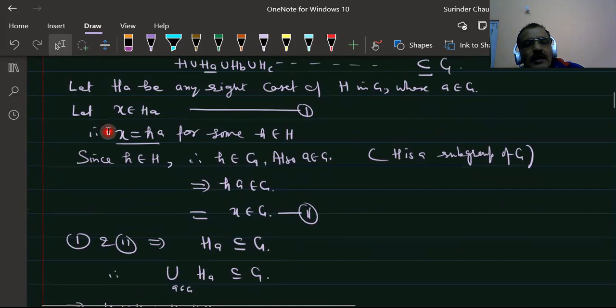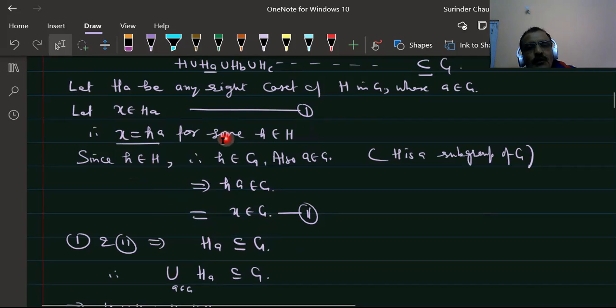That is, x is equal to ha, and this implies x belongs to G. So we have shown that if x belongs to Ha, then x belongs to G.